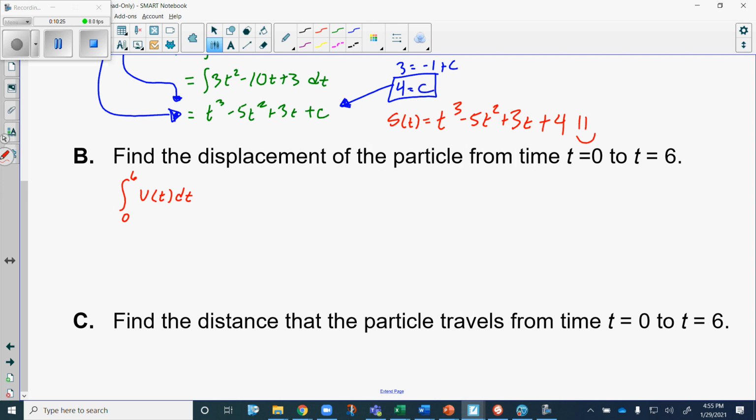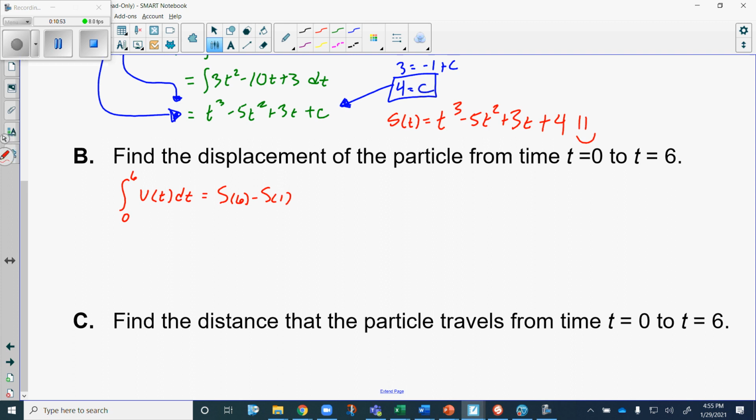You can think of it as, you can do the antiderivative for what we have here, but essentially we've done that, so you can think of it as s of 6 minus s of 1. Whichever way you prefer to do it, you can work at it from the original integral from 0 to 6, but we've already kind of gotten that, where we're taking that 4 value there.